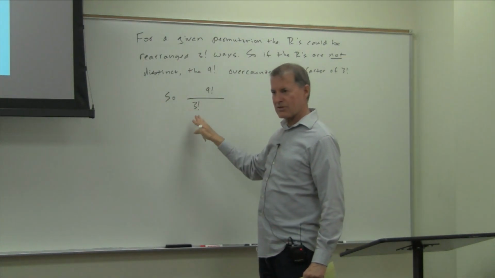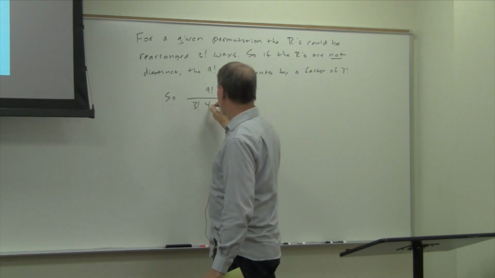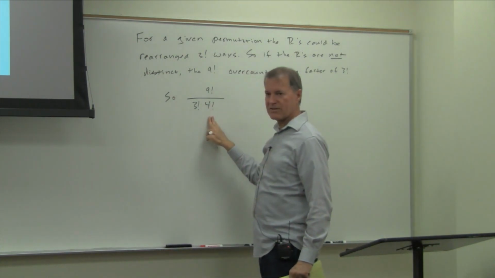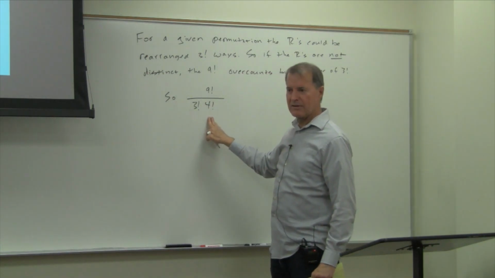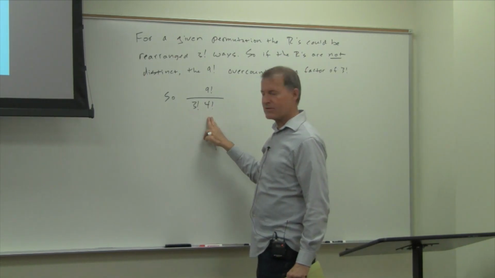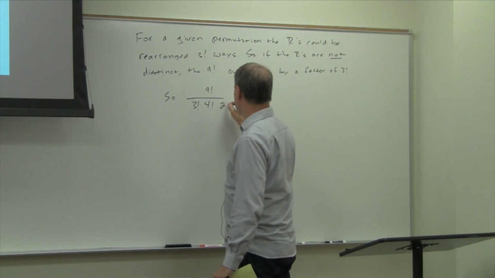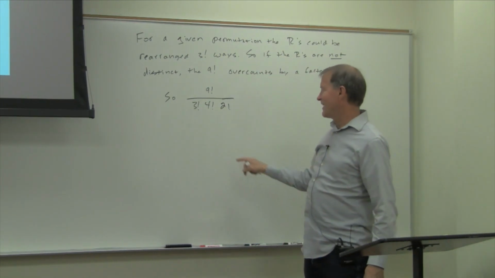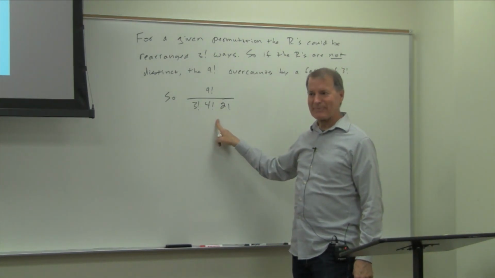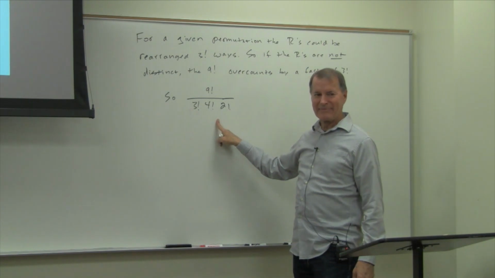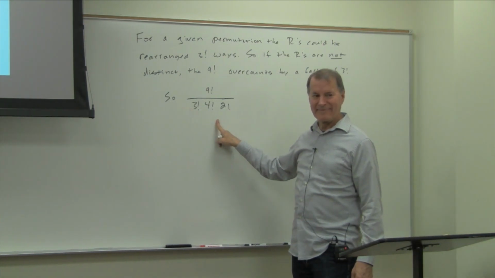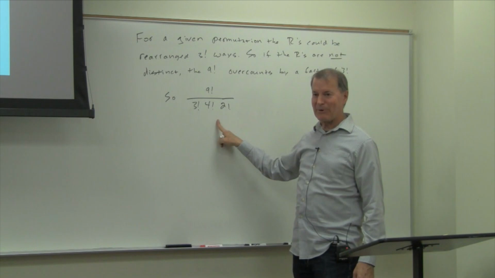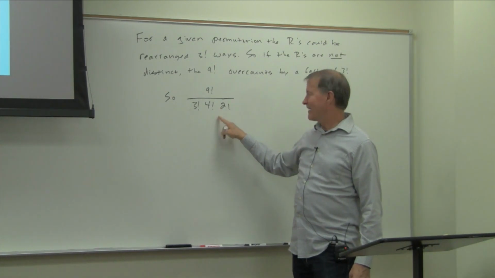4 factorial, which takes into account the overcounting by the possible permutations of the W's, and then 2 factorial. Now here's what's kind of amazing about this. This has to be an integer. This can't be a fractional part, dividing by a number that's already in there.